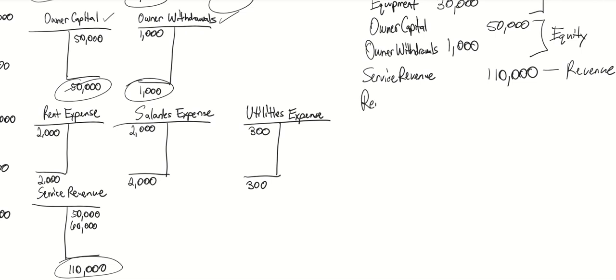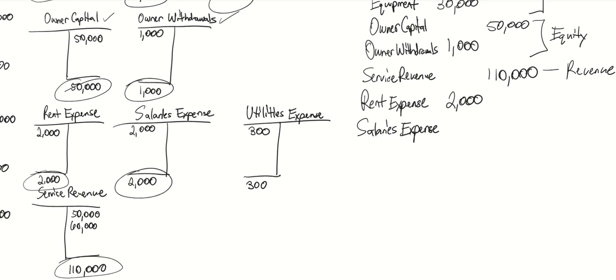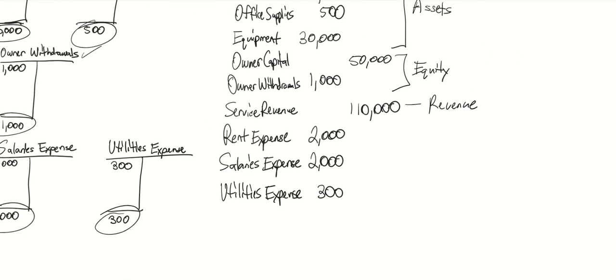I'm going to put in here rent expense. Okay, we have an ending debit balance of $2,000. Salaries expense, we have an ending debit balance of $2,000. Lastly, utilities expense. We have a debit balance of $300. Okay, and these are our expenses.